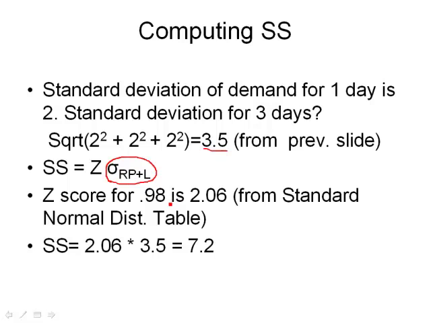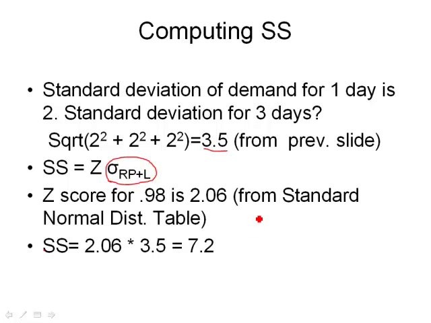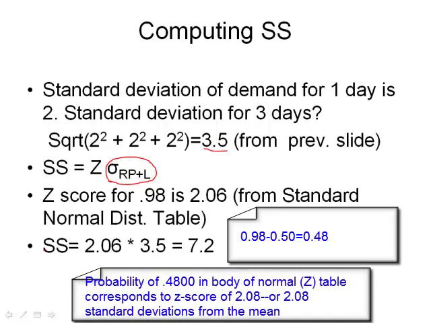So if you go to your standard normal table and you look up the z-score that's associated with 98% minus 50, in other words, you look up the z-score that's associated with 0.4800, you'll see that that's 2.06.